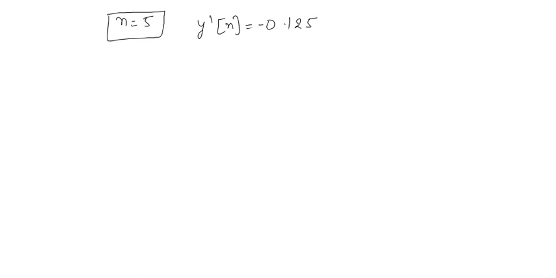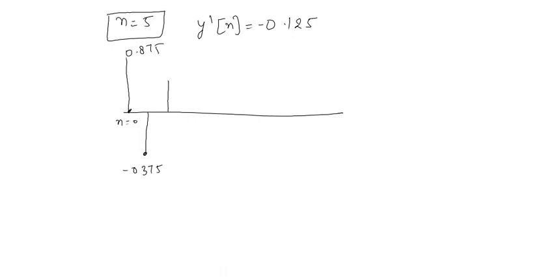If I just draw this structure of y dash of n: at n equals 0, we are getting 0.875, at n equals 1, it is minus 0.375, and at n equals 2, it is 0.125.